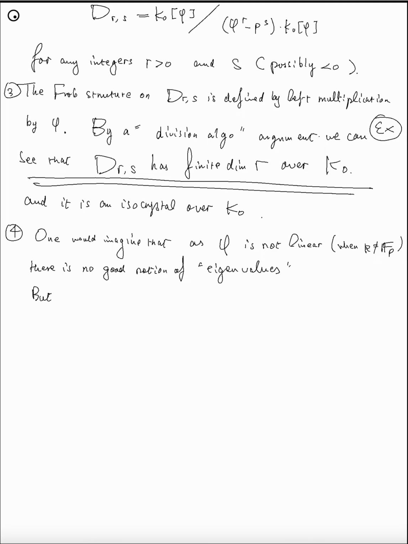But there is something that will be very similar to eigenvalues. So I'm saying something without proof. We'll see this hopefully later.